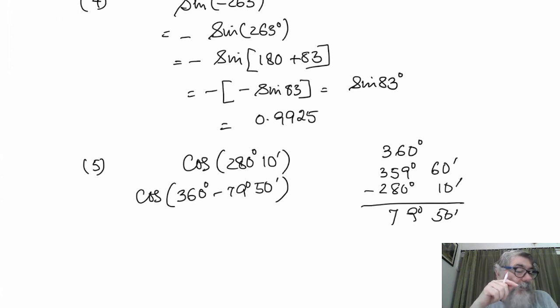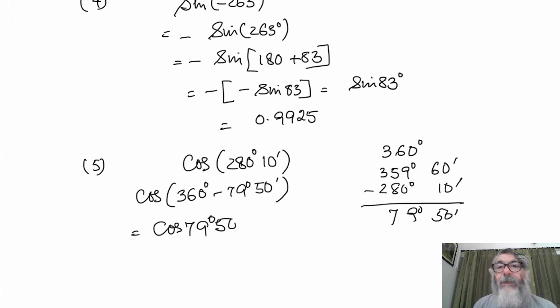It is falling in the fourth quadrant. In the fourth quadrant, cos is positive. So it will come out to be cos 79 degree 50 minute. And when you see the value of 79 degree 50 minute, I have already calculated it to be 0.1765.